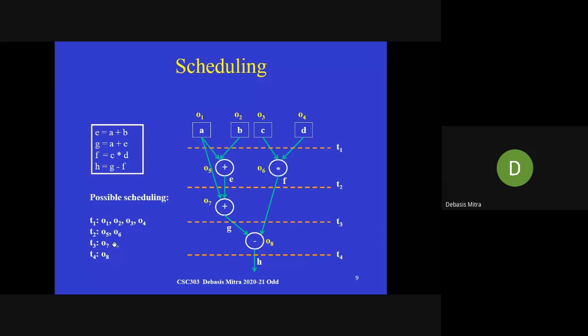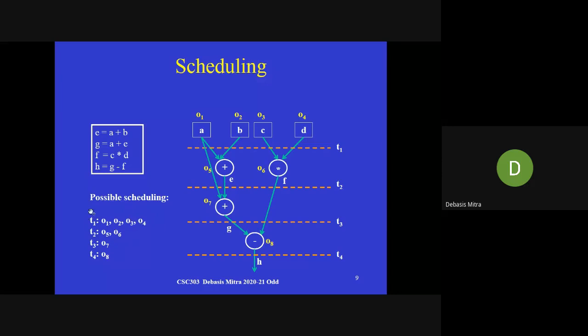And see, this is not unique, because this scheduling is unique, but the ordering you can say O1, O2, O3, O4, O5, O6, O7, O8, or another possible ordering may be O2, O1, O4, O3, O6, O5.